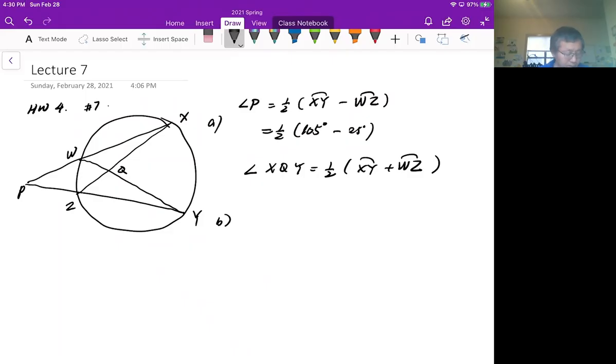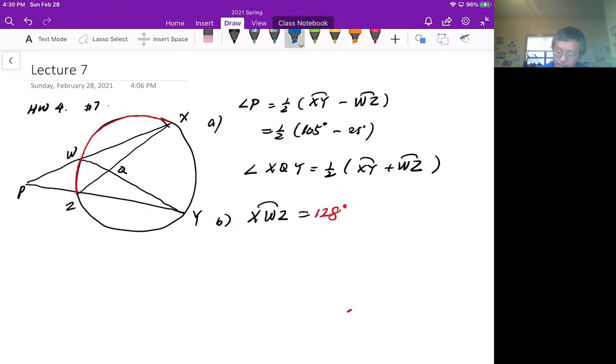Part B is tricky. So I give you X, W, Z. Where's the XWZ? Okay, so XWZ. Let me use the red one. I give you this arc here, and this arc is 128 degrees.